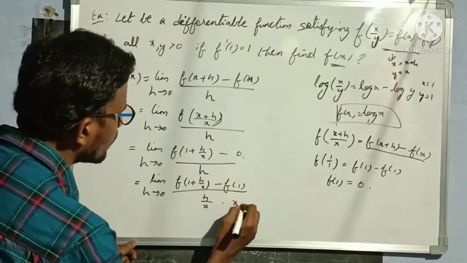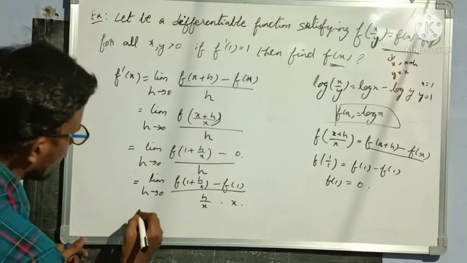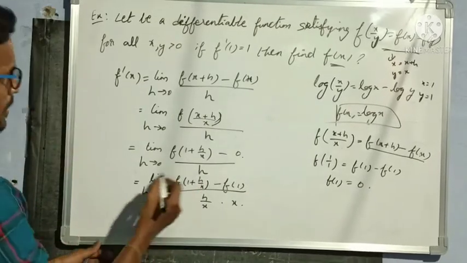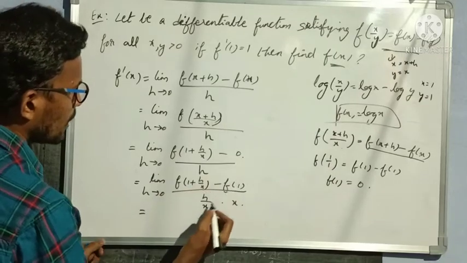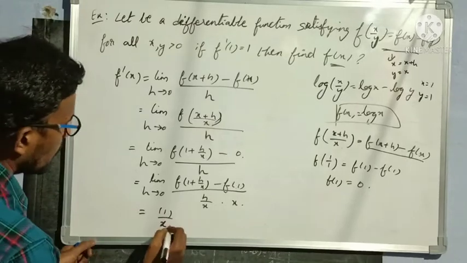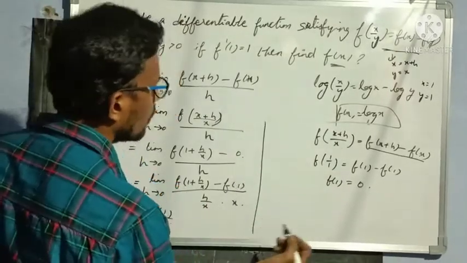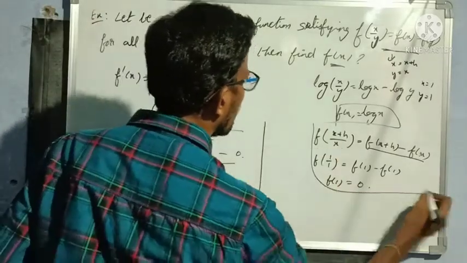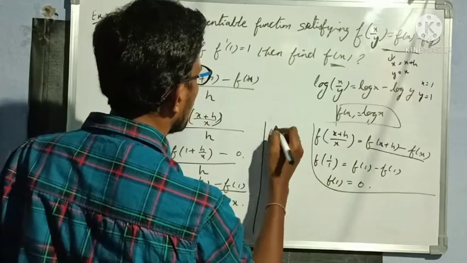So h by x into x. Okay. So that is equal to, so what is this value? Limit h tends to 0, 1 plus h by x minus 1 by h by x is nothing but 1 by x.